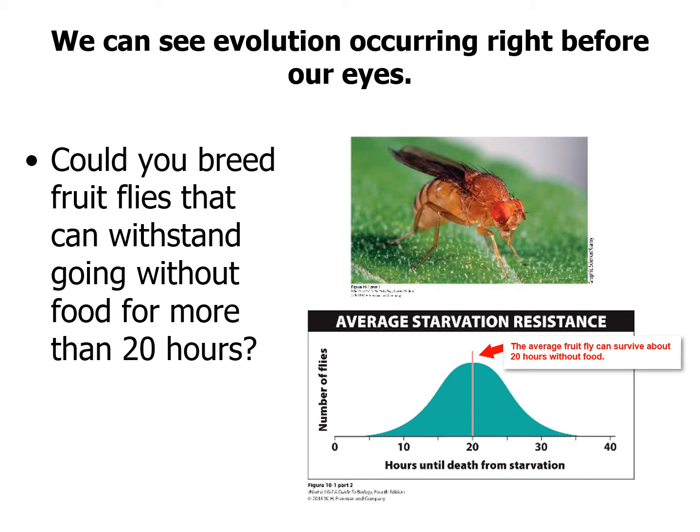In this instance, we want to breed flies that are able to withstand going without food for more than 20 hours, because that is, as you can see from this little chart here, the average starvation resistance time period. So after about 20 hours, flies really die if they don't have any food. So how can we get flies to that point?